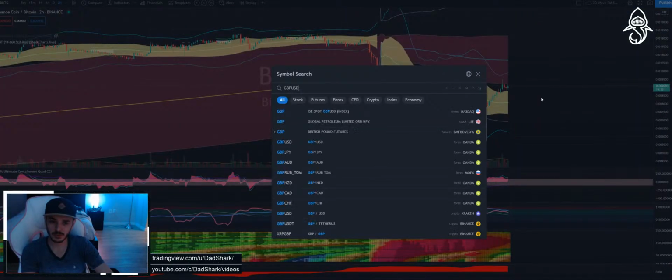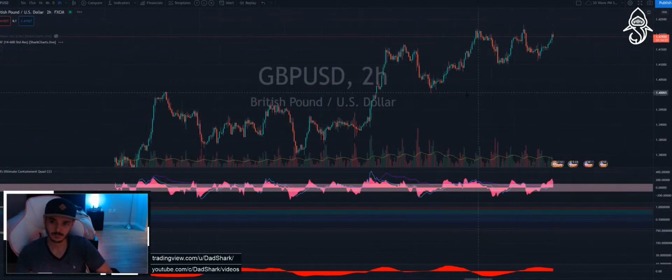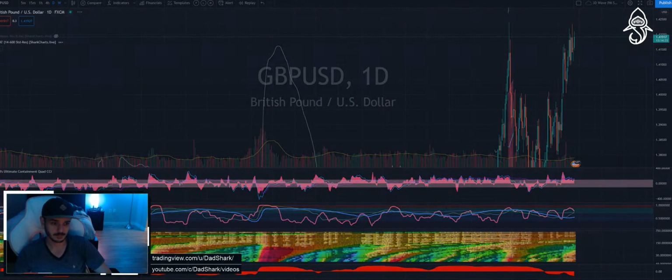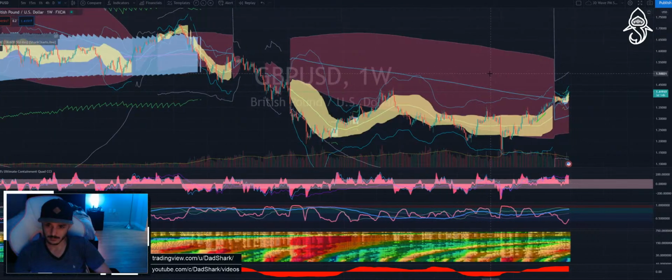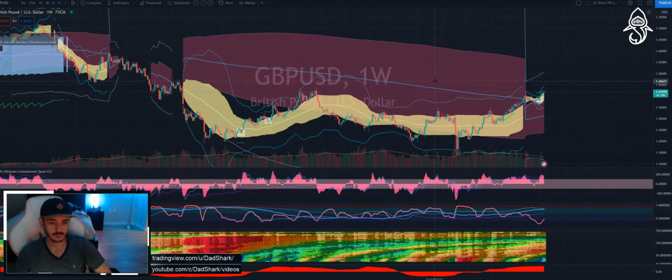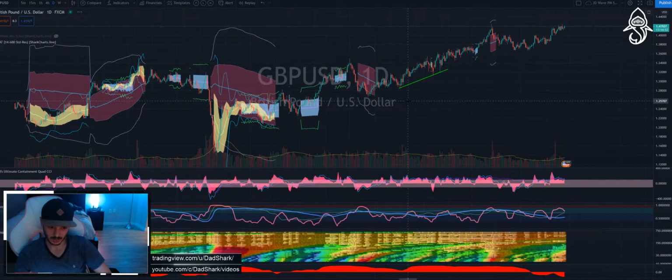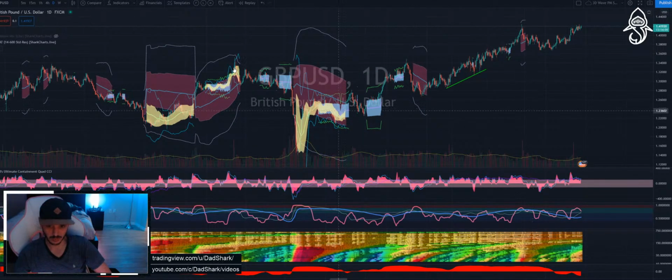All right, GBP USD. Okay, start on the weekly here. Weekly is bullish trend, well defined. Daily is very noisy and very neutral.